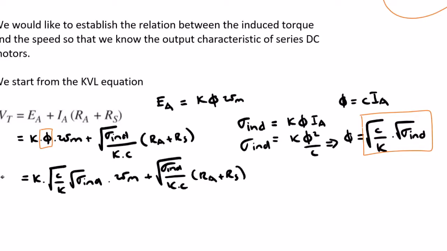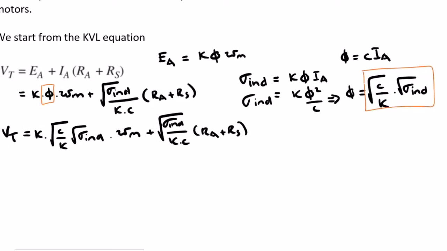And again, we still have Vt on the left hand side of the equation. Okay, now what we can do is take out the common factors.